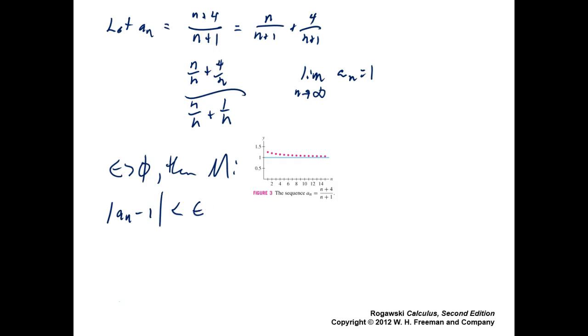That's what you're trying to prove. Somewhere out there, the value is going to be in between plus and minus epsilon. So that's what that's saying.